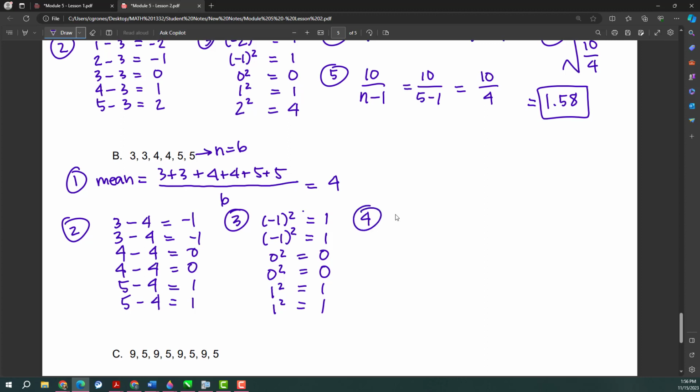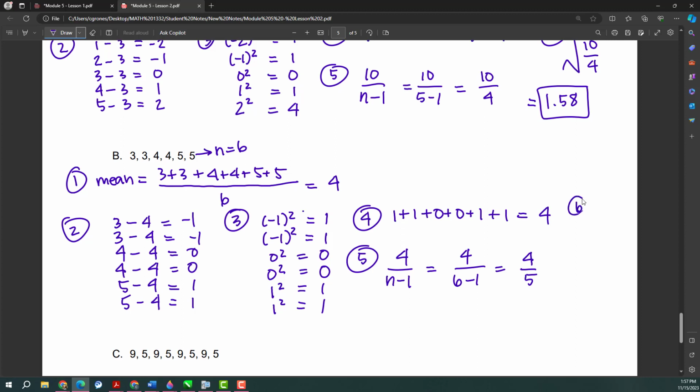Step 4, we are going to add all of these up, and we get 4. Step 5, we are going to divide our sum from step 4 by n minus 1. Here n equals 6, so it would be 4/5.